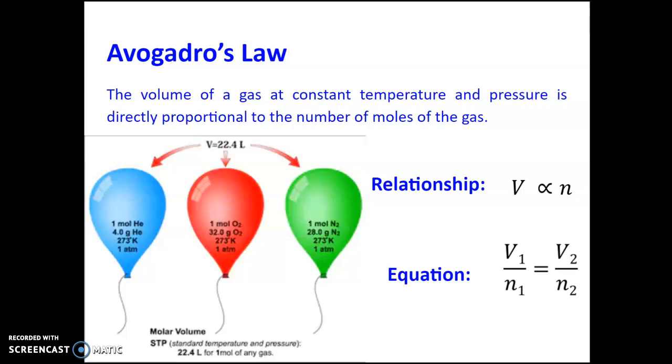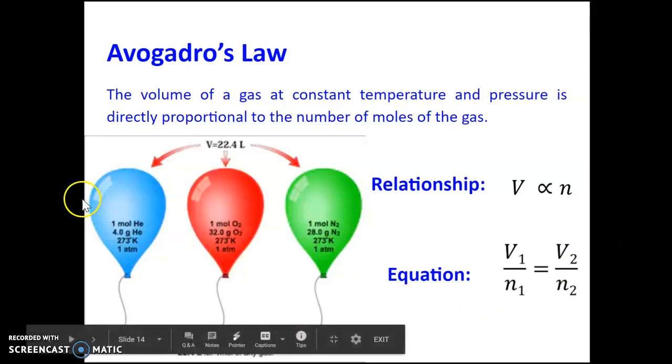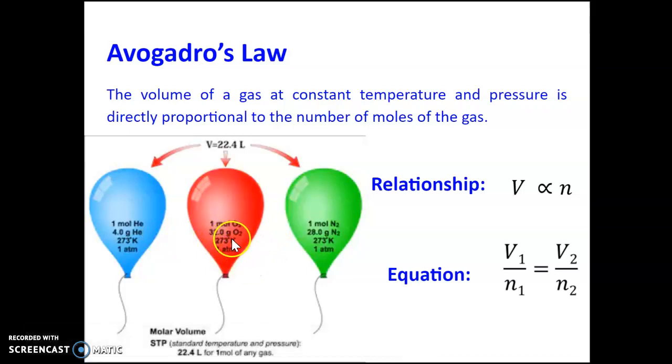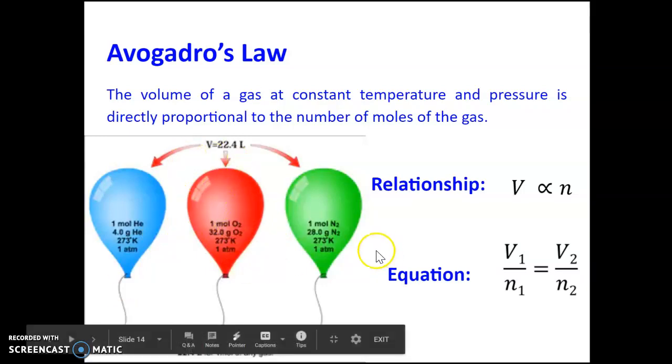So if you have the same number of moles of gas, they are going to be the same volume no matter what their mass is. Even though helium only weighs 4 grams and oxygen weighs 32, if they're at the same temperature and pressure, they have the same volume.